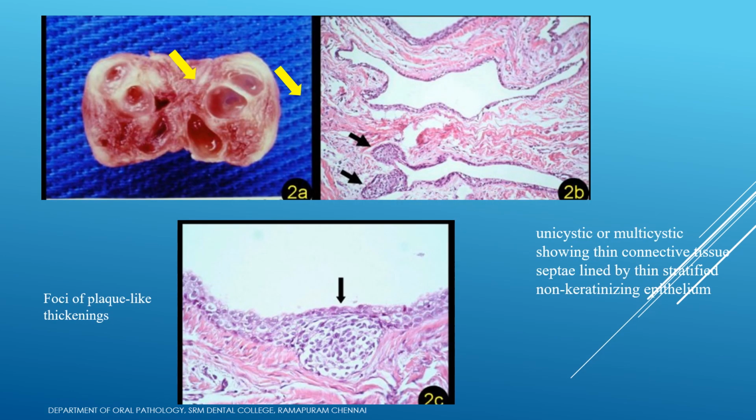On the excised lesion, we can also clearly appreciate a multicystic variant. Histologically also, we can see multicystic or unicystic lining, which shows thin connective tissue septae lined by thin stratified non-keratinizing epithelium. As in the lateral periodontal cyst, the foci of plaque-like thickening is also a classical histological feature in botryoid odontogenic cyst.